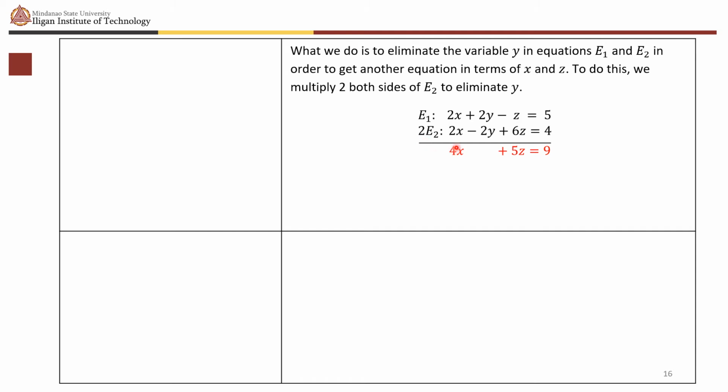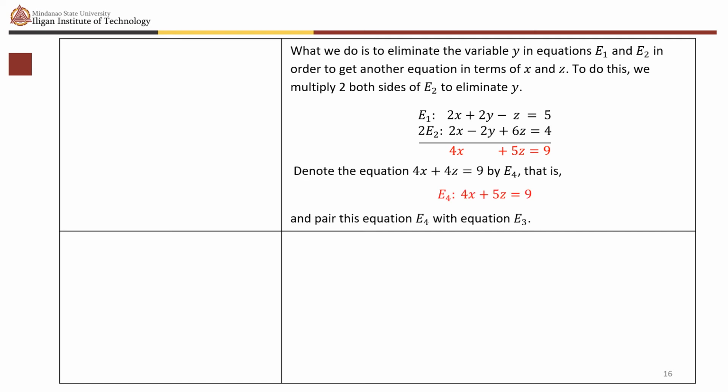We have 2x minus 2y plus 6z is equal to 4. So that when we add them, we have 4x. And this one, 2y minus 2y is 0. Minus z plus 6z is 5z. 5 plus 4 is equal to 9. Denote the equation 4x plus 5z equals 9 by e sub 4.